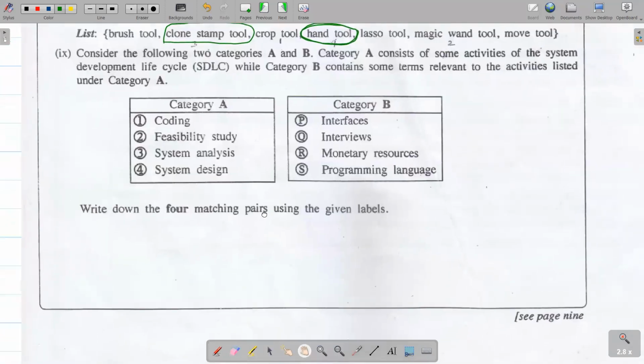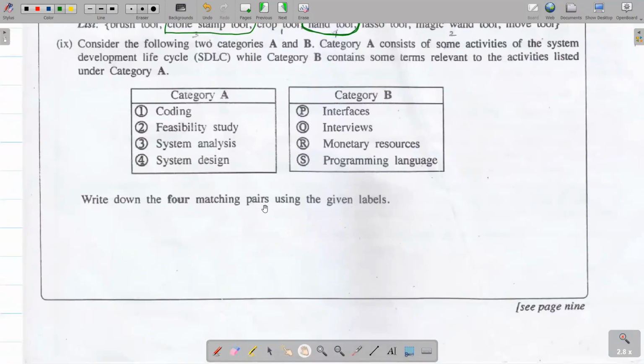In the 9th question, it's asking to consider the following two categories, A and B. Category A consists of some activities of the system development life cycle, while category B contains some terms relevant to the activities listed under category A. So they are asking you to match. With coding, the programming languages are interrelated. Feasibility study is not in your syllabus, so we can keep it and go.